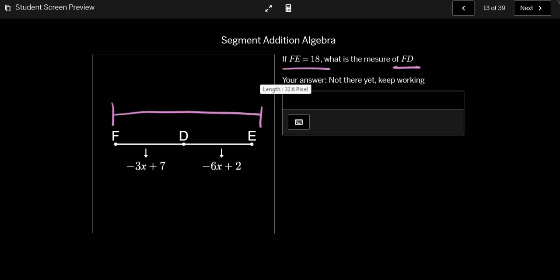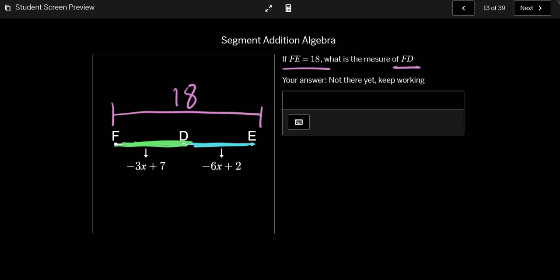So my whole distance from F to E is 18. And keeping in mind what we just talked about in the other problems, that means that when I take FD and I combine it with DE, that together makes 18.